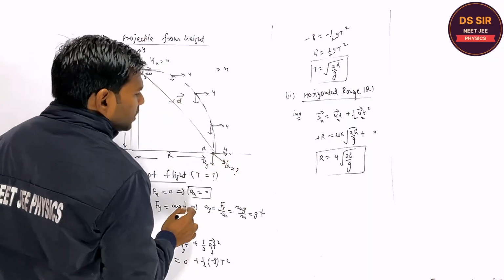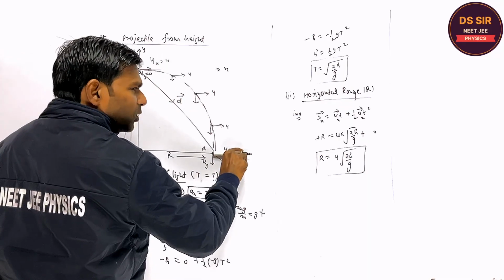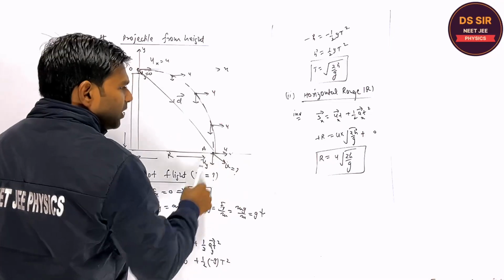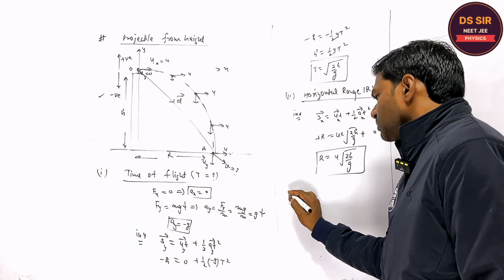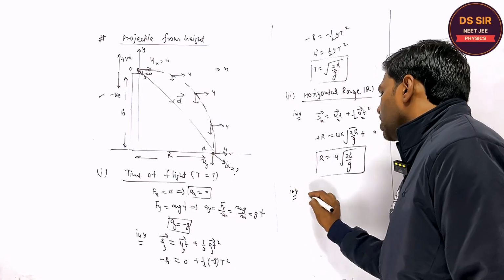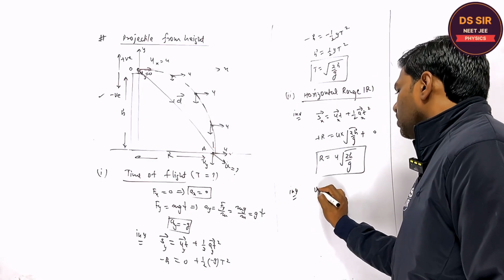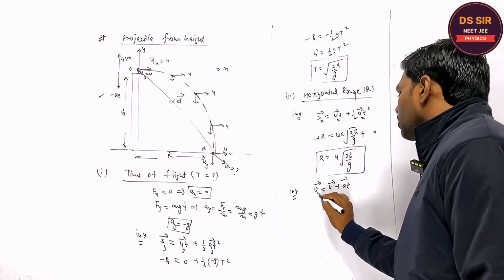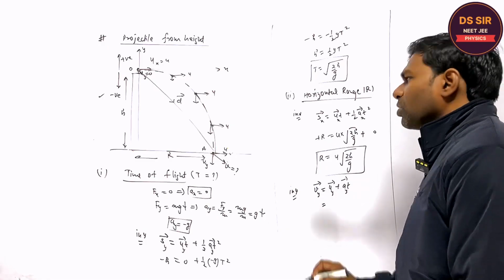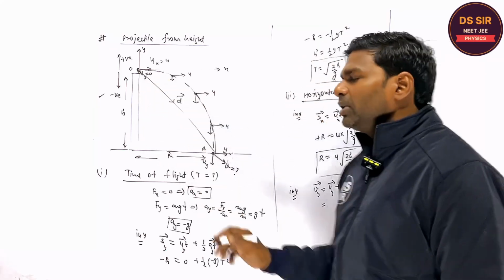This is the velocity. So this velocity is the resultant velocity of u and vy. So to find the vy velocity, in y direction, I will use v is equal to u plus at. Is it clear or not? So in y direction, what is the initial velocity?